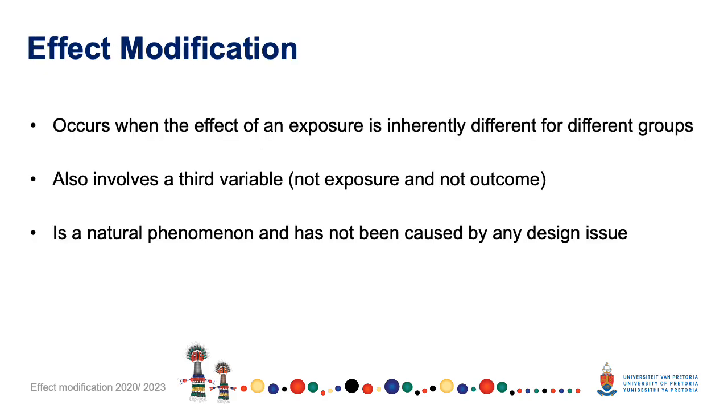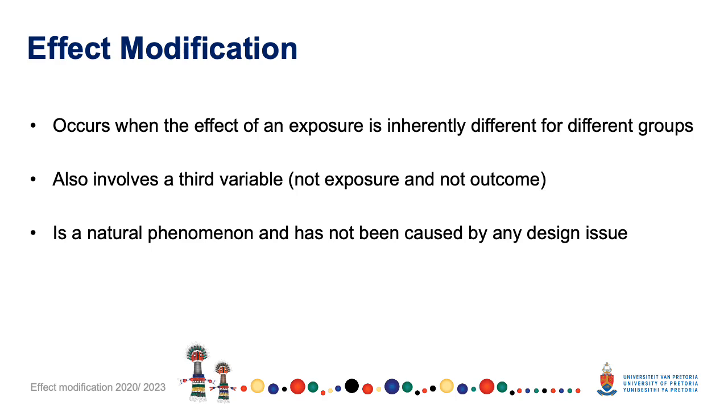Effect modification occurs if the effect of the exposure is inherently different for different groups. For example, males and females have different physiology, different hormones, and therefore the effect of a particular drug may differ in these two groups. It has nothing to do with unbalanced selection or anything like that.